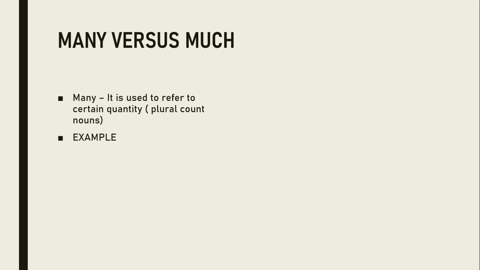That's what I mean by certain amount. An example: there are many intelligent students in my department. You know, the number or the quantity of intelligent students is certain, specific.